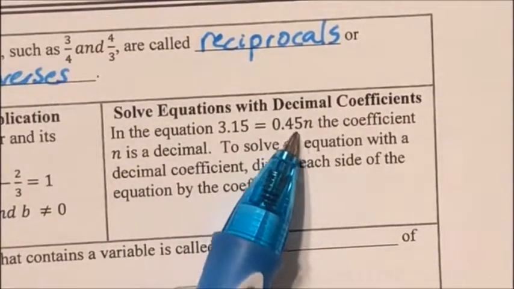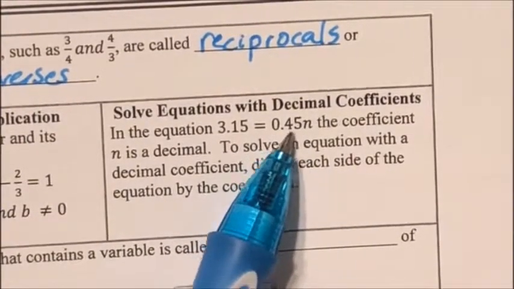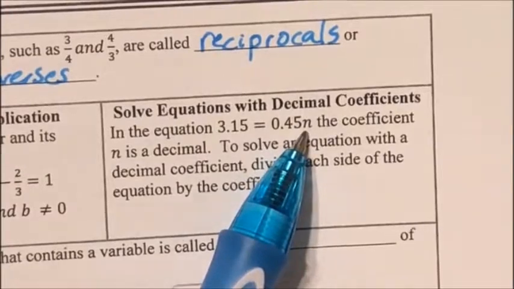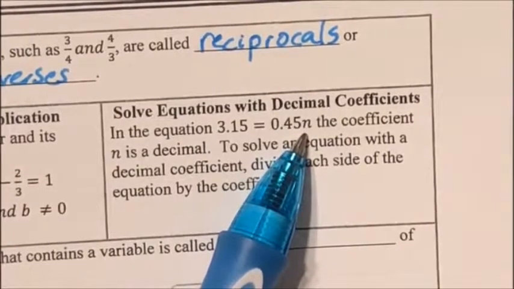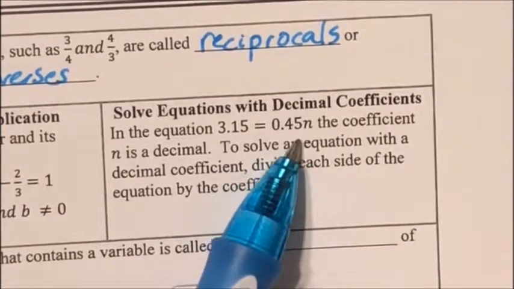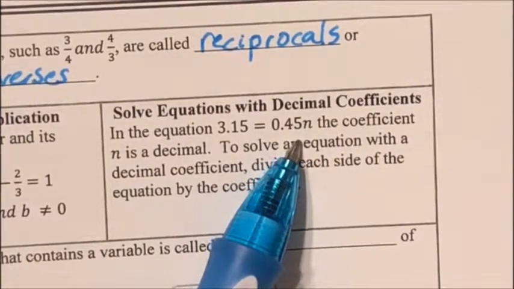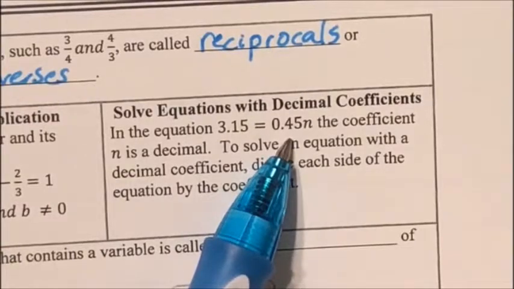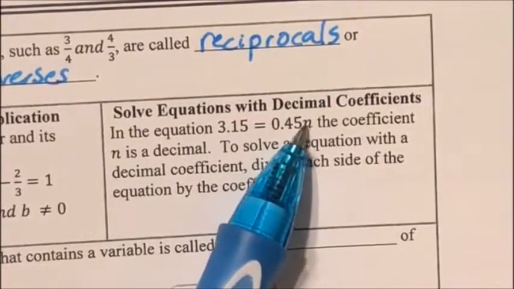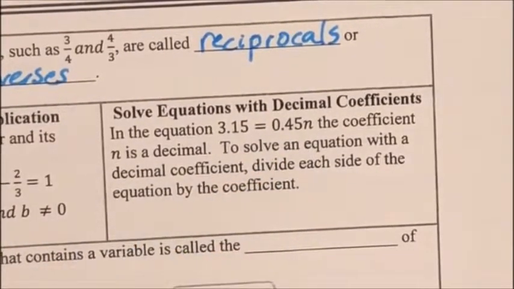So I'm dividing it by 0.45 because that's the coefficient. That's what's in front of the n. That's what's attached to the n. Right now they're being multiplied. So remember, the opposite of multiplication is division. So I divide both sides by 0.45 because I want to get the n by itself. That's the whole goal.